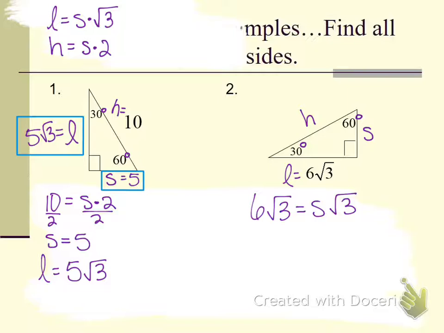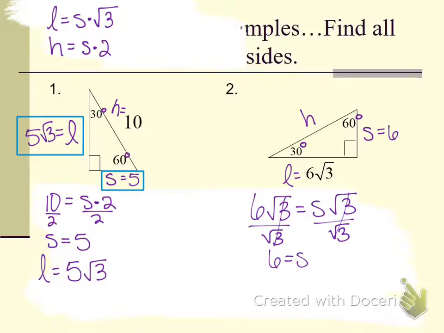I'm hoping most of you can see right now that S is going to equal 6. Of course, we could show that by dividing and canceling out those roots. You don't really need to do that dividing part. I think many of you would be able to see that 6 will be our short side.